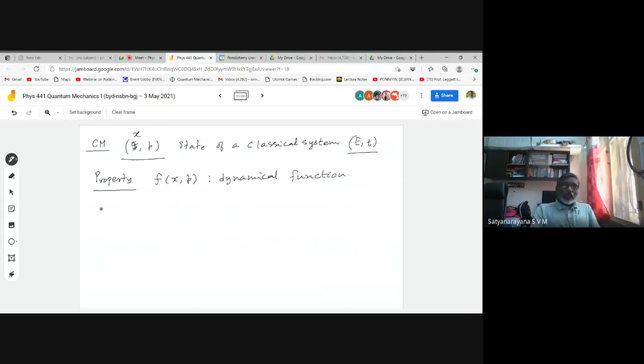Now you can talk about the set of all functions. I'm going to define D as the set of all functions f of x comma p, such that f maps from gamma, which is the phase space, to real numbers.